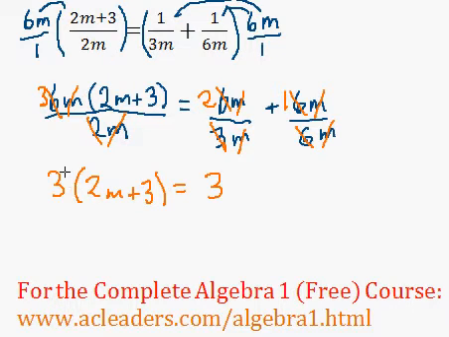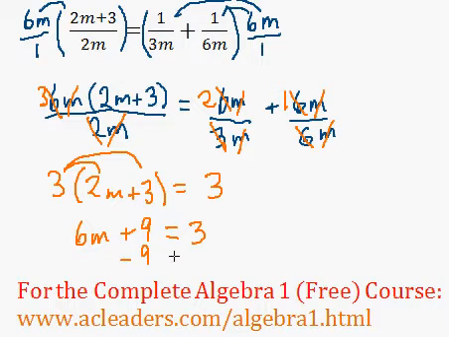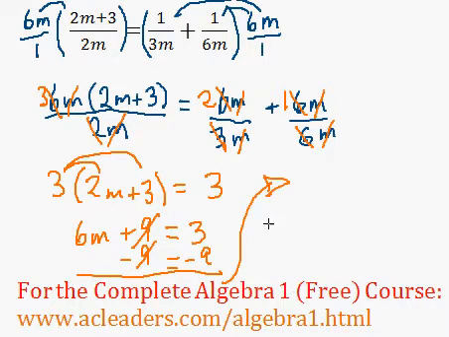And over here, I will distribute the 3. So 3 times 2m, 6m. 3 times 3, 9. Equals 3. Okay, so now we're pretty close to the end here, and I'll subtract 9 from both sides of the equation. So those are going to go away. And over on this side, I'm just going to continue because I ran out of room over there.